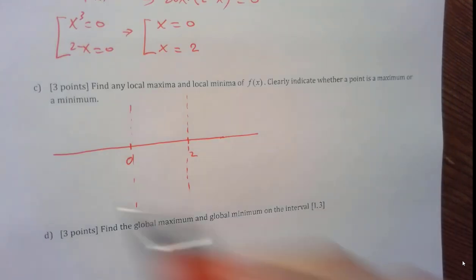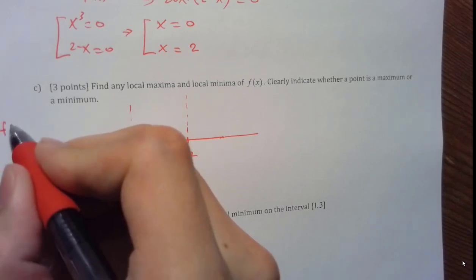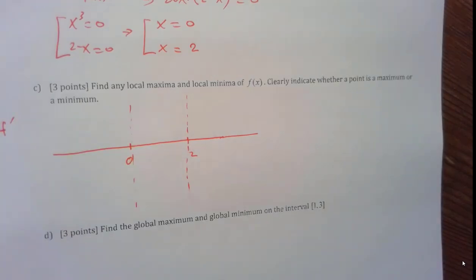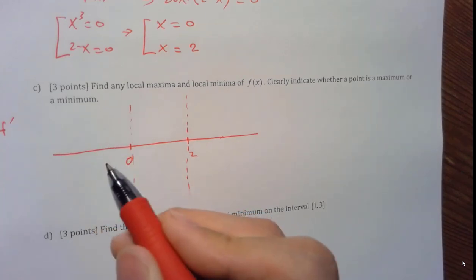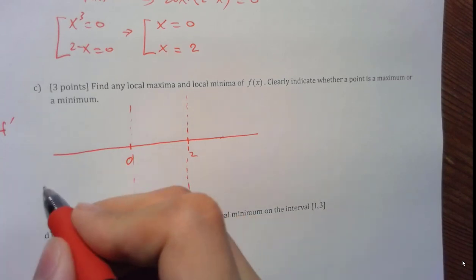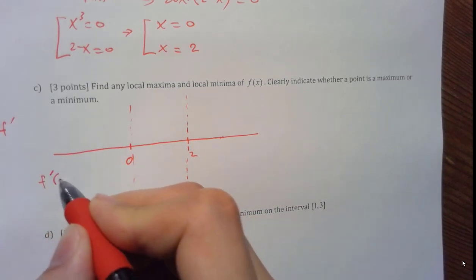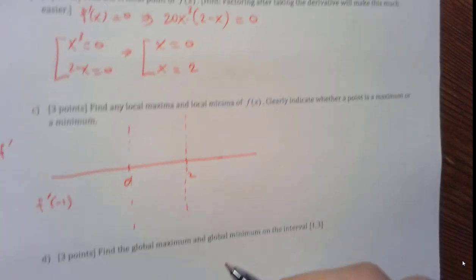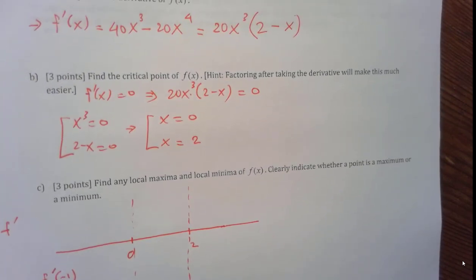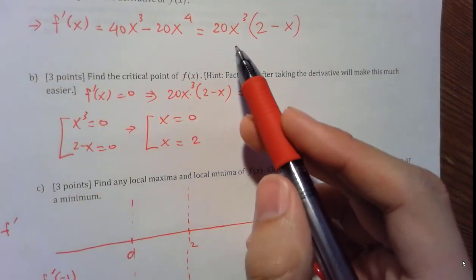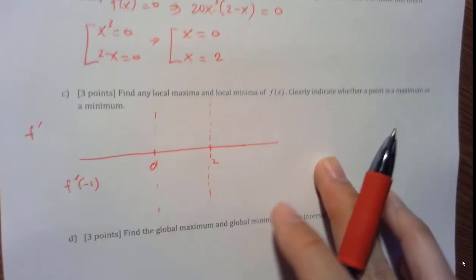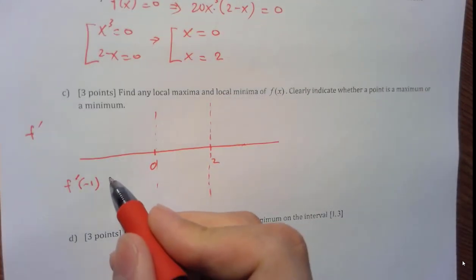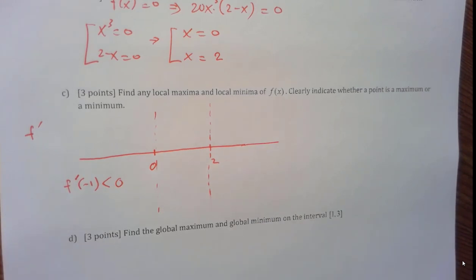Now this is the first derivative test, the f prime test. On the left side of 0, let's pick one point, minus 1. Go back to the function f prime we found here. When I plug in minus 1 for x, I get some value less than 0.